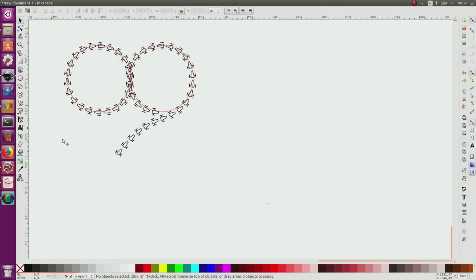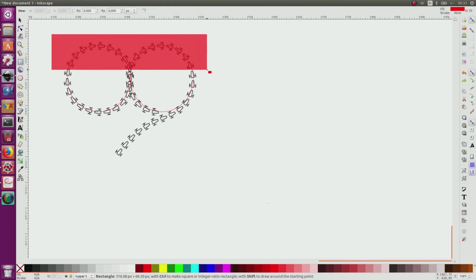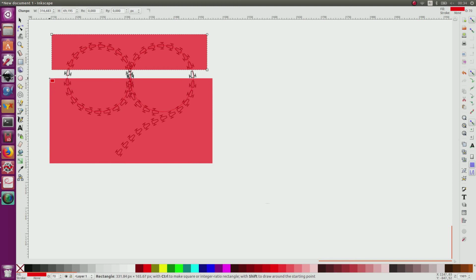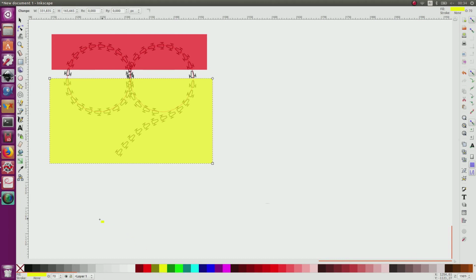So for this, I will build 2 sets, this one and this one, yellow.